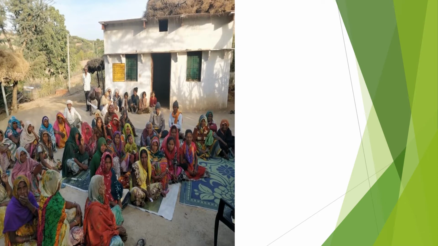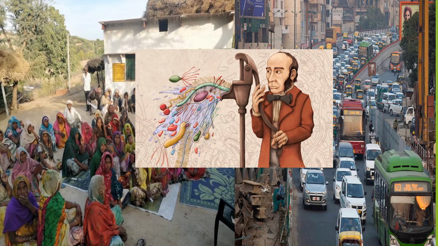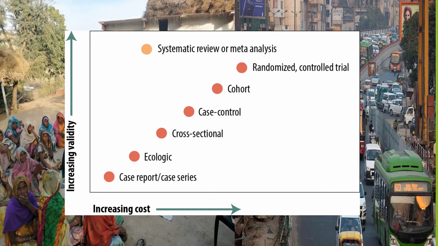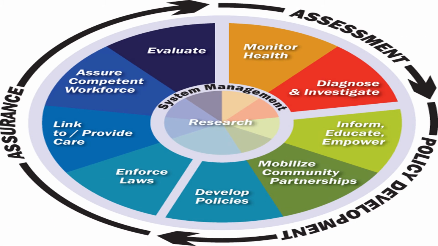So if this urban community and the rural community represent the kitchen, then the epidemiologist is the master chef here. And he too has access to an array of different methods, different ways, approaches, and finds out the frequency, the distribution, the determinants at different levels.